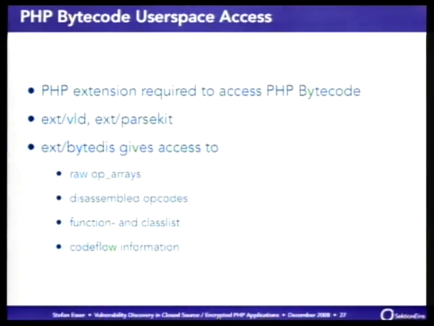First of all, like I said, you need some way to access the bytecode from within PHP. A PHP application cannot access the bytecode directly. This is different maybe in other languages, but in PHP there's no way to get to the bytecode from within PHP without using some internal memory corruption or overflow. Within the PHP world, there are 2 extensions that give you access to the bytecode.